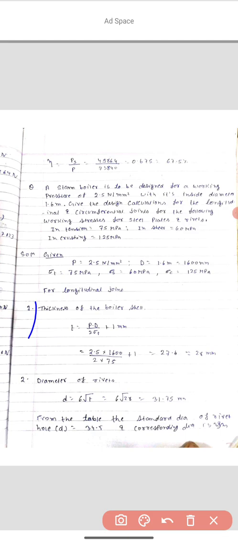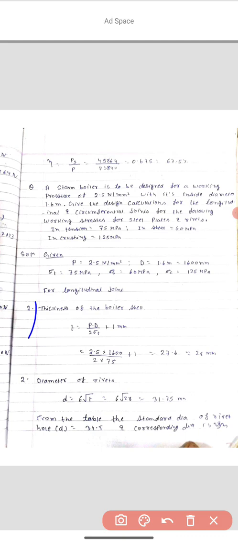If you remember, in the last video we had seen that the thickness is given, but here the thickness is not given. You have to calculate the thickness, that is P multiplied by D upon 2 sigma t plus 1 mm.